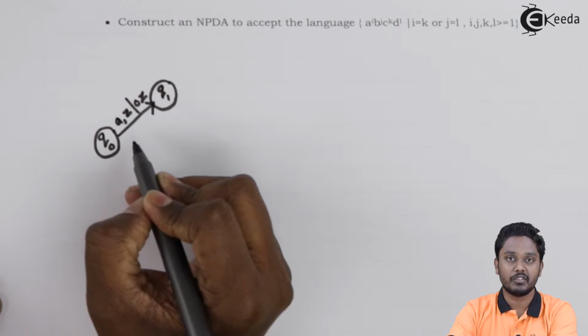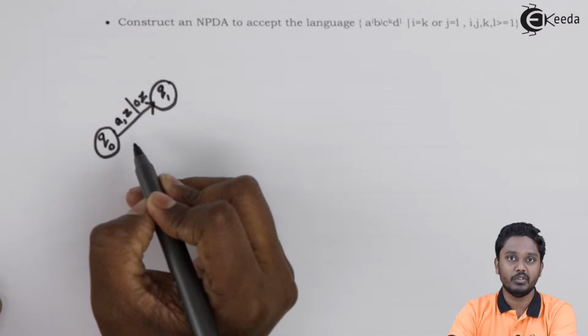Now we will have to repeat the transition for every A because we need to count the number of A's.